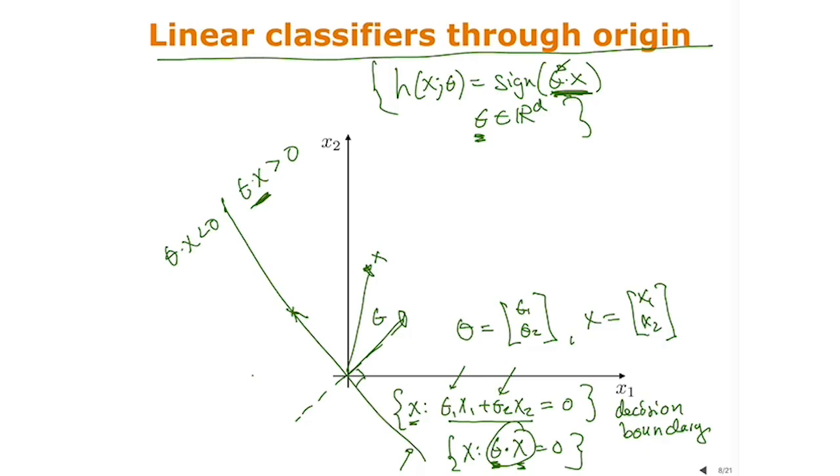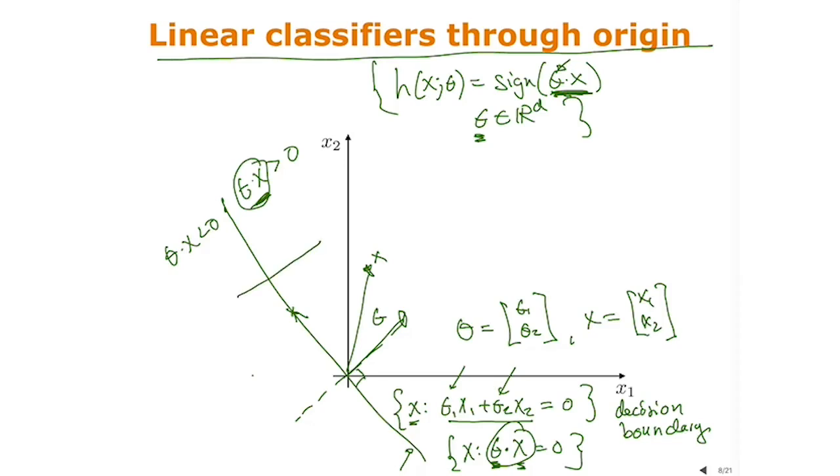Okay? One additional point that we can understand is that theta.x is the degree to which we classify the example positively or negatively. That degree only changes when we move orthogonally to the decision boundary.